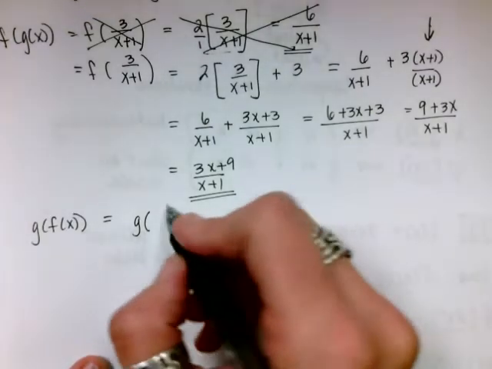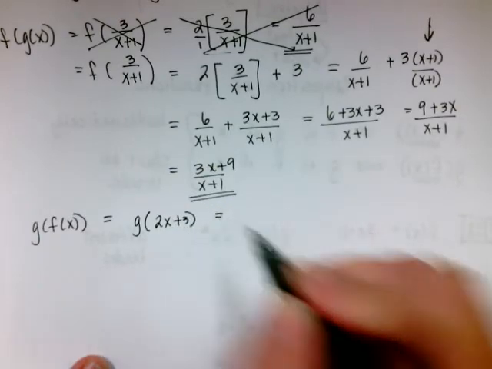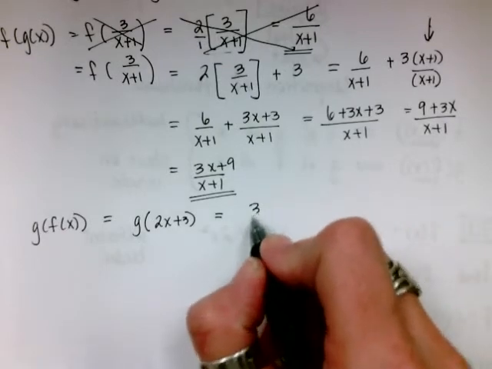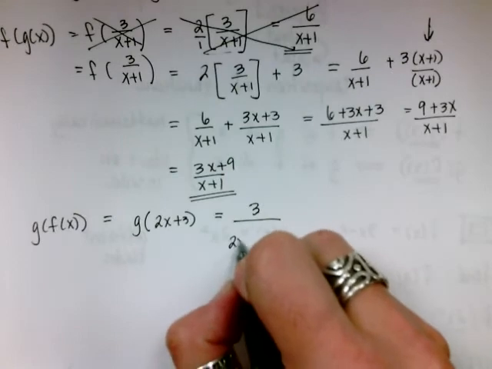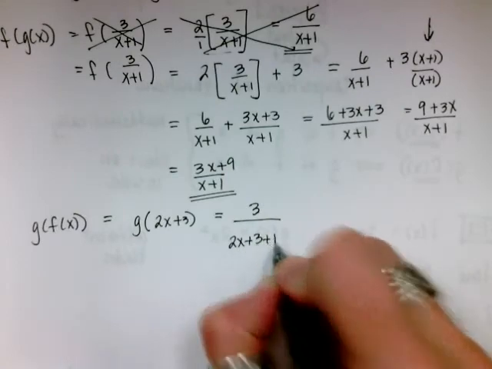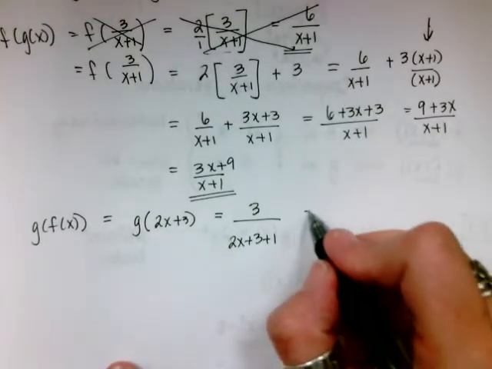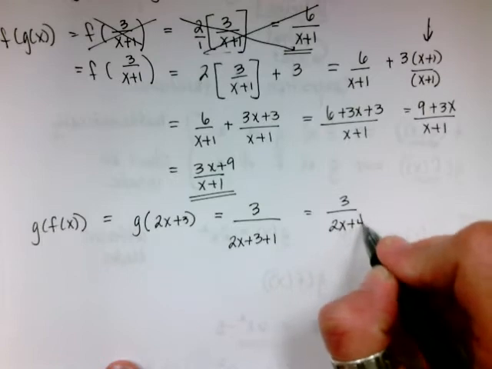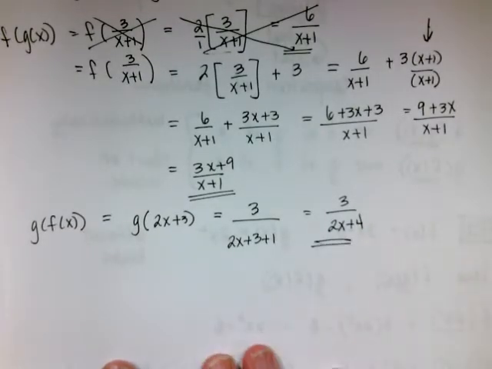Okay, so my f of x was 2x plus 3, and I'm going to substitute that into my g, so I'm going to have 3 over the x is now 2x plus 3 plus 1, okay? Alrighty, simplify that math, and I have 3 over 2x plus 4. There's nothing else I can do to that one, so that's my final answer for that one.